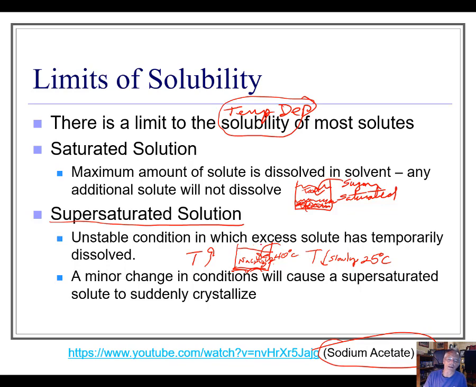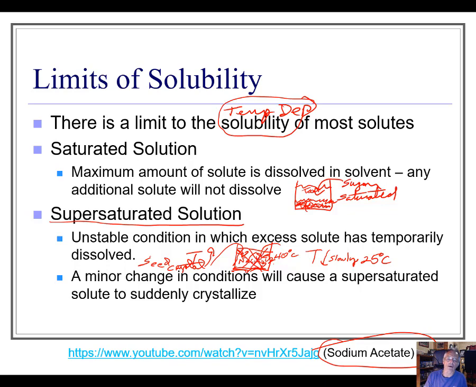You can even drop in what we call a seed crystal, and that seed crystal will cause that sodium acetate to crash out of solution, and what you'll get is a crystalline network.